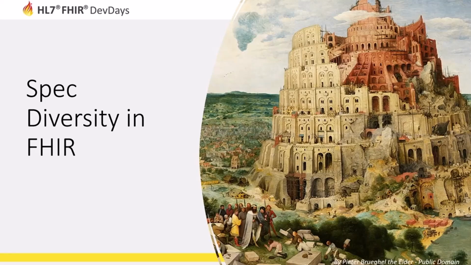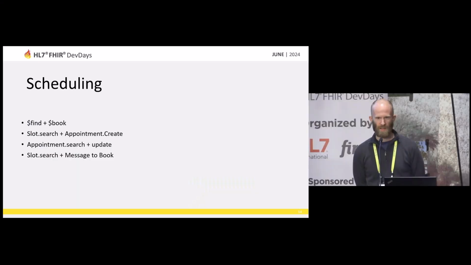I wanted to talk about some of the diversity we see in the FHIR specification landscape, because when you say FHIR family of products, that's a pretty big family of things. Spec diversity in FHIR is something that I first encountered when Argonaut did a survey during COVID for scheduling. We wanted to get patients in to get their COVID vaccine, and we wanted to figure out what EHRs had in terms of capability for scheduling vaccine appointments.